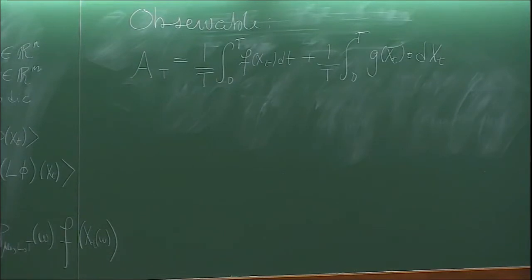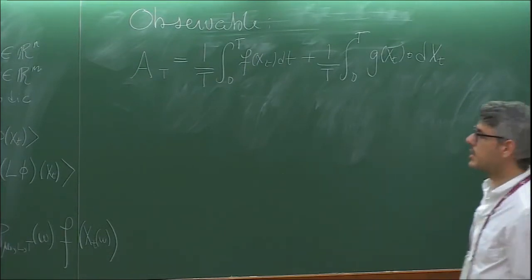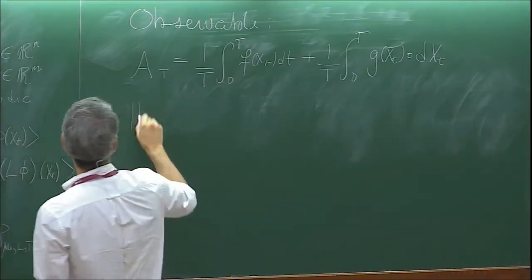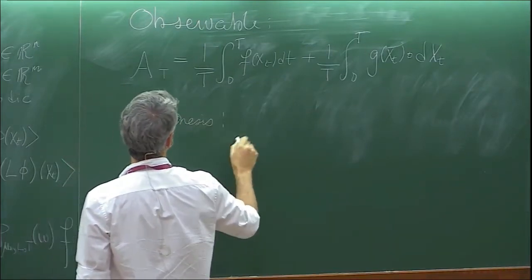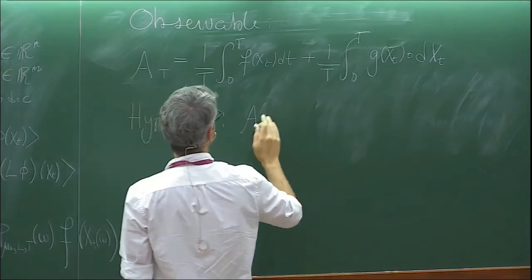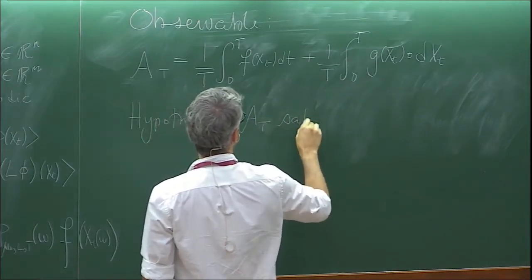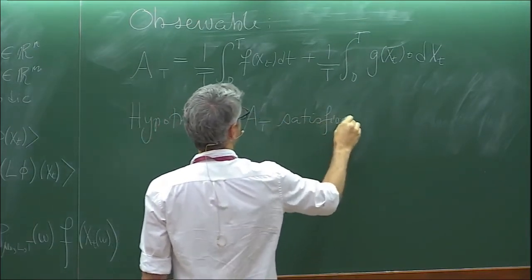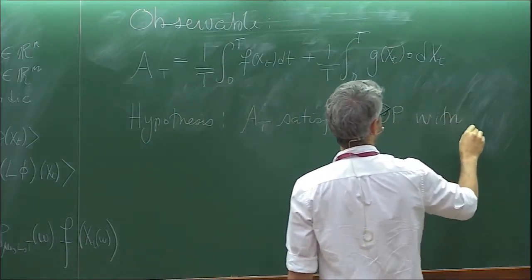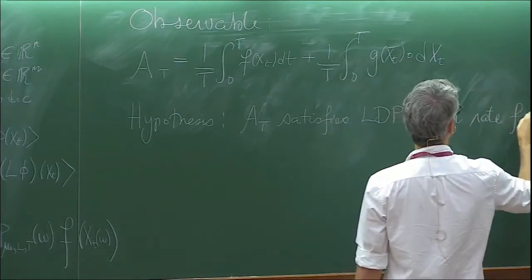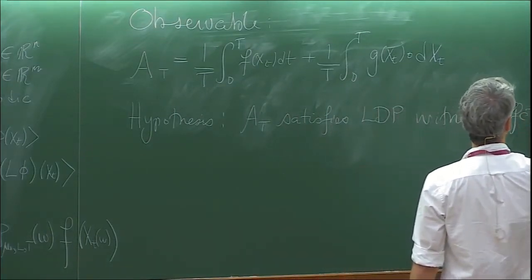Okay, I could use the Itô product too. And the hypothesis that I need now for all the work is that I have an LDP for that. So A_T satisfies the LDP with a certain rate function I of a.